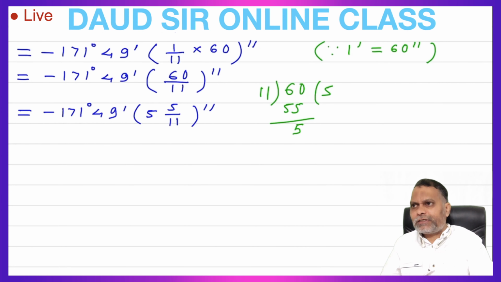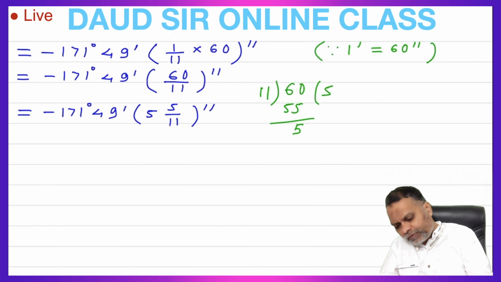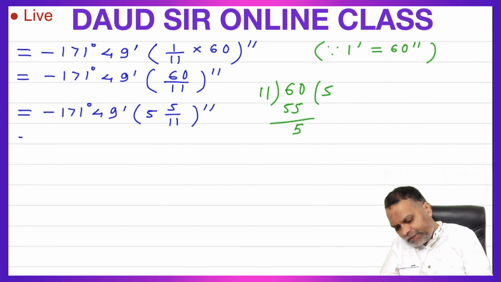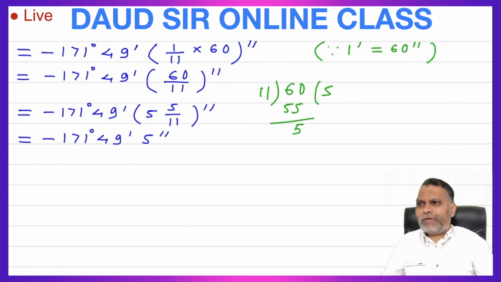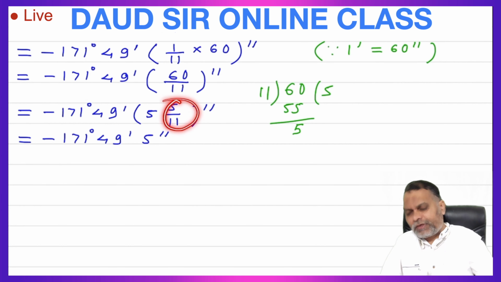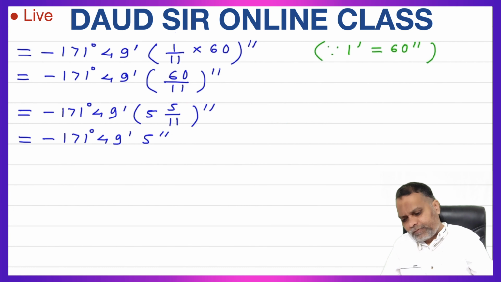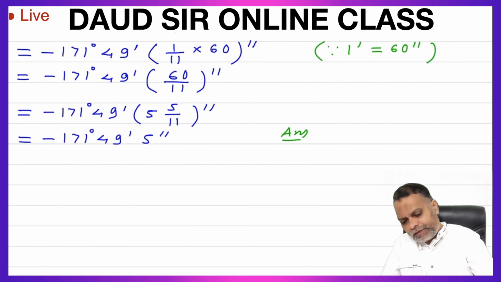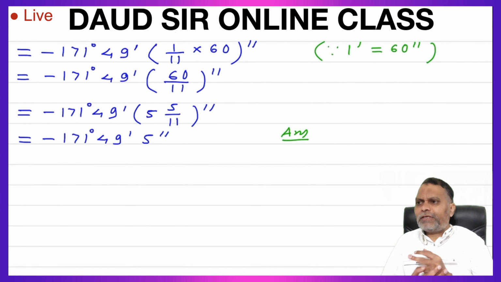So here 5 seconds are complete and 5 upon 11. Approximately we can write minus 171 degree 49 minute and 5 seconds. We can leave this 5 upon 11 second. So this should be the required degree measure: minus 171 degree 49 minute and 5 second.